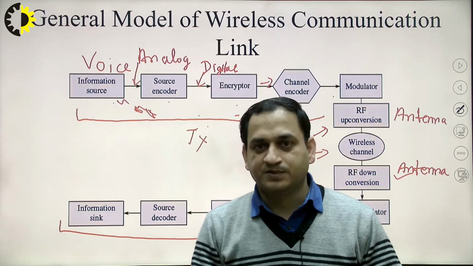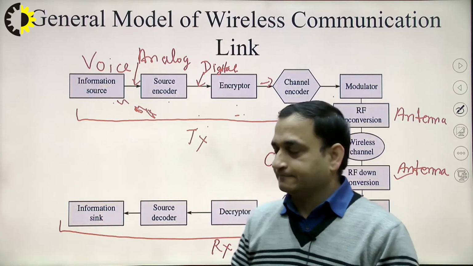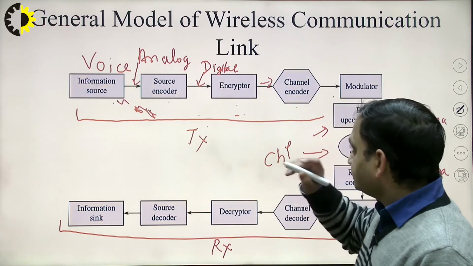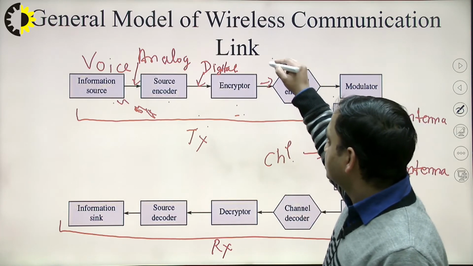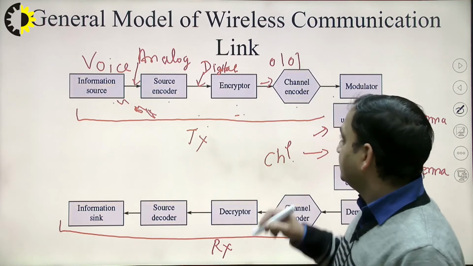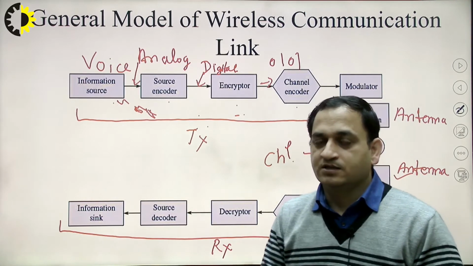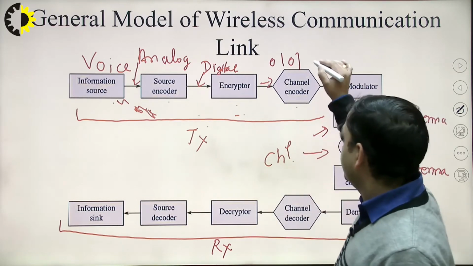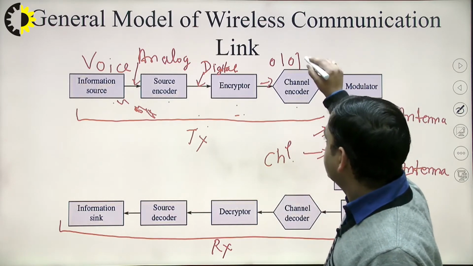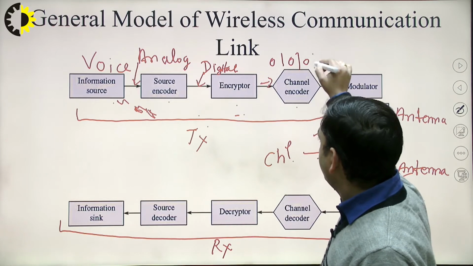If we have any information like 0 1 0 1, then we provide some redundancy in the channel encoder. Suppose you add these bits as 0 1 1.